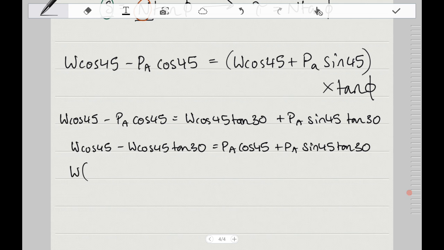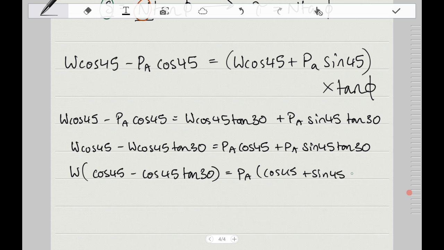I'm going to factorize: W (cos 45 minus cos 45 tan 30) equals PA (cos 45 plus sine 45 tan 30).